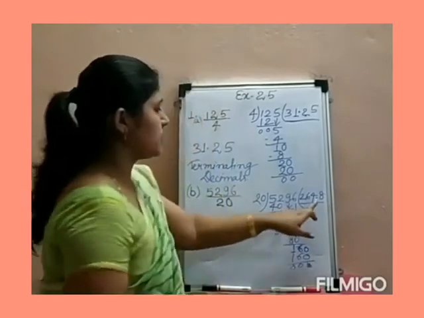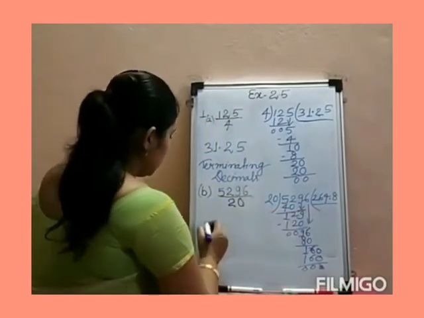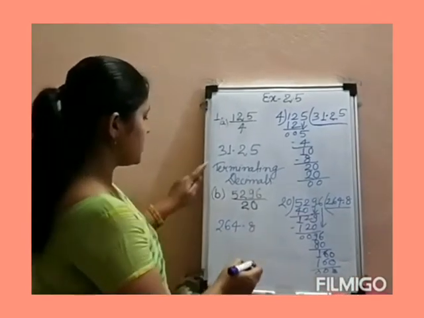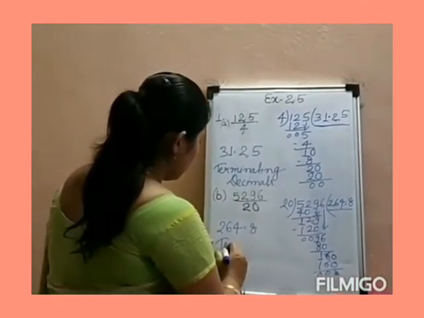Here also after decimal the number is finite, that is 264.8. It means this is also a terminating decimal.